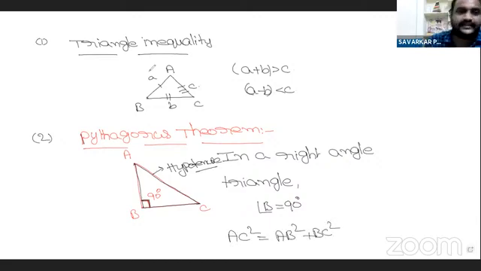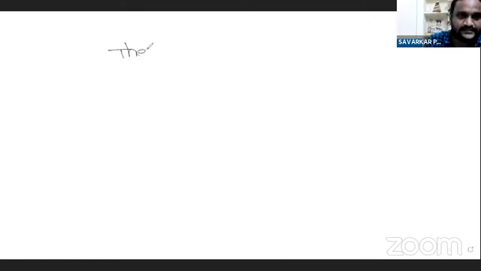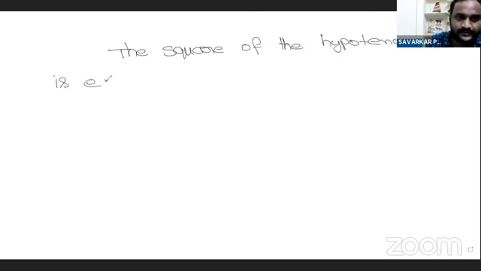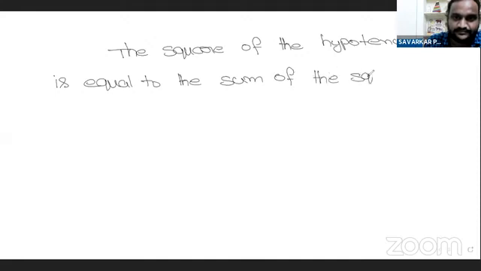So in a right angle triangle, the square of the hypotenuse is equal to the sum of the squares of the other two sides.